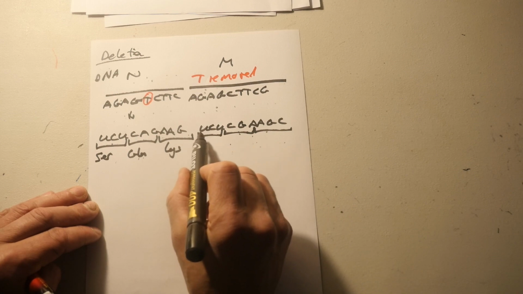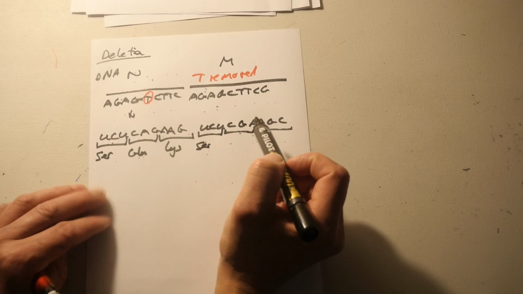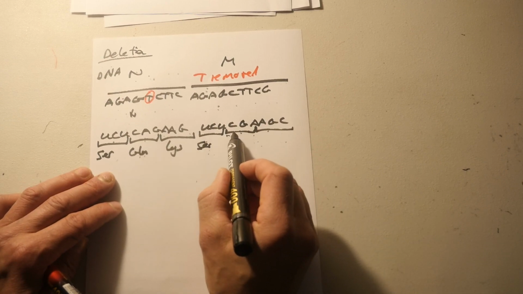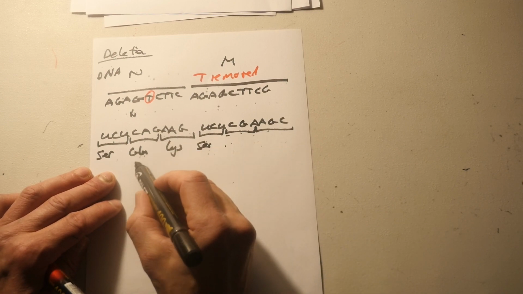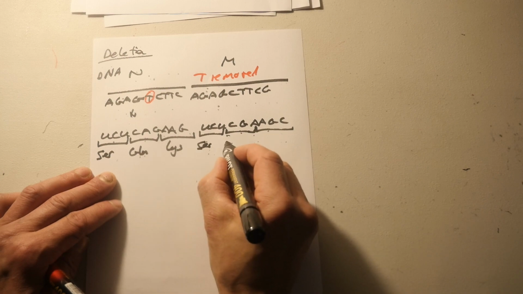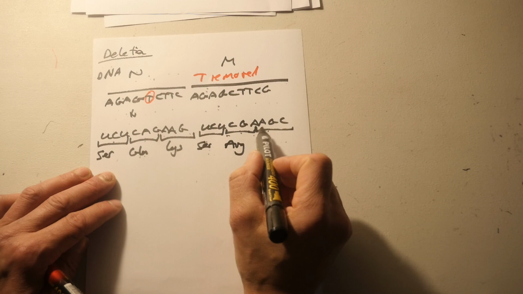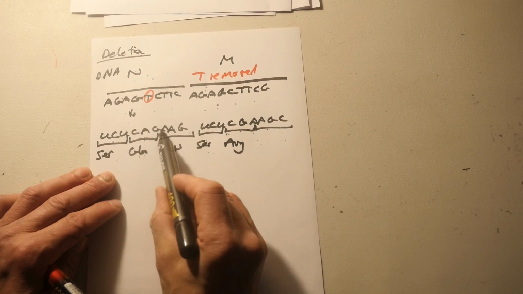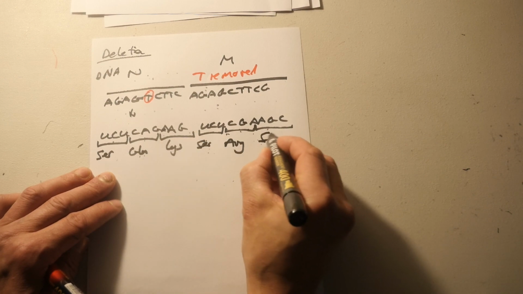But now, in this case, that's still serine. Because of this frame shift, CAG has become CGA, so it's become arginine. So the glutamine has become an arginine. Okay? And that was lysine, AAG, that's now become a serine.